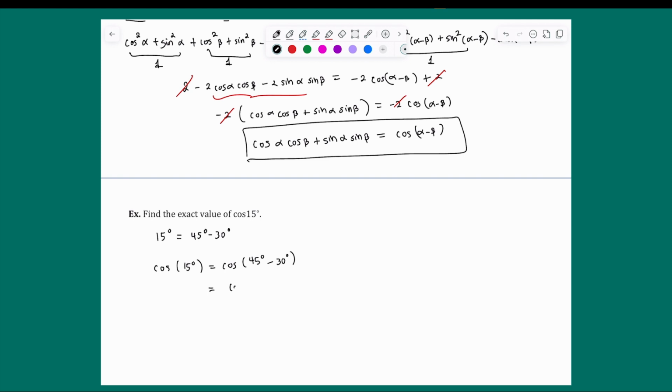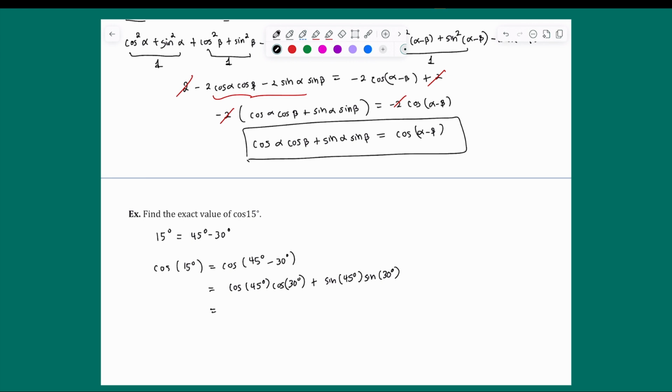And so we have cosine of 45 degrees times cosine of 30 degrees plus sine of 45 degrees sine of 30 degrees. And these are nice special angles that we should be familiar with.